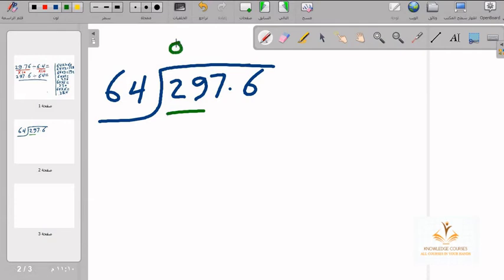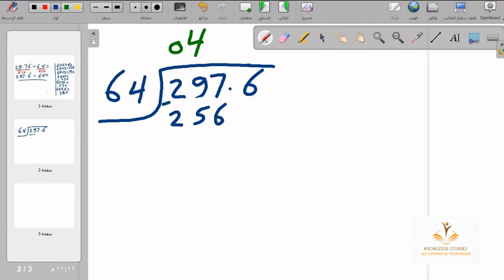And we take the 7. 297 divide 64 equals 4. 4 multiply 64 equals 256.